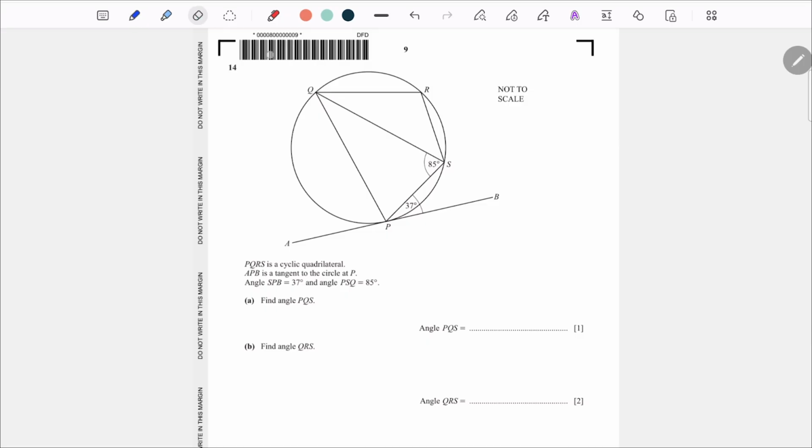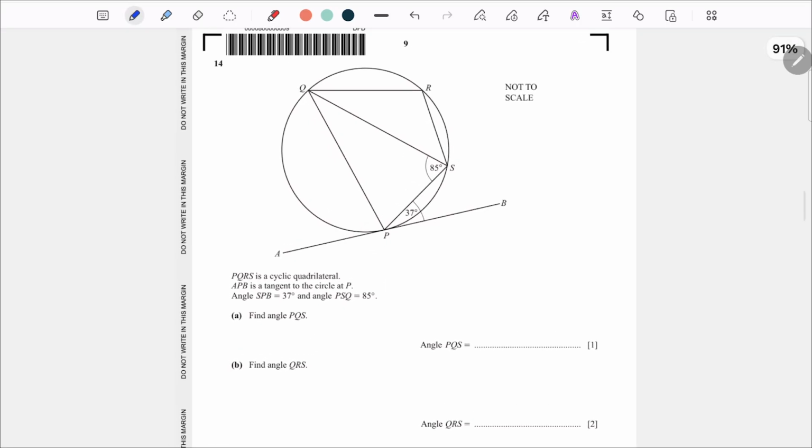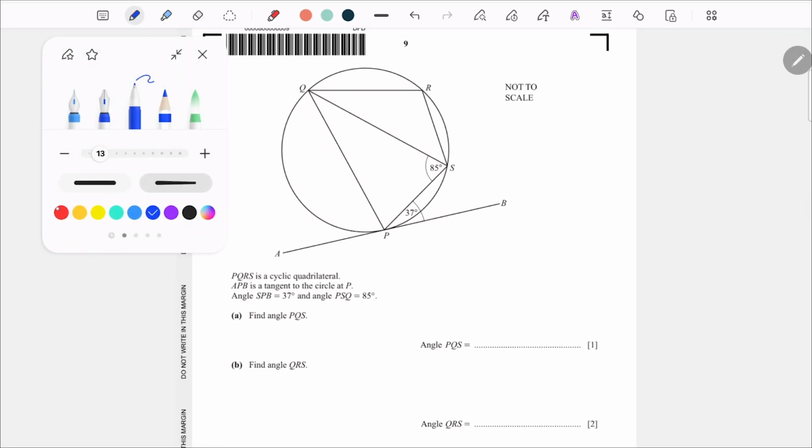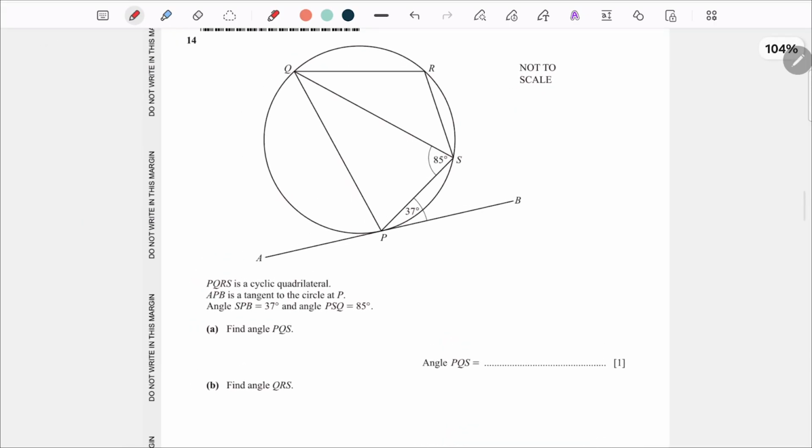So basically, I'll be using the concept of alternate segments. The concept of alternate segments is that the angle between the tangent and the chord is equal to the angle in the alternate segment. So here the tangent is AB and the chord is PS.